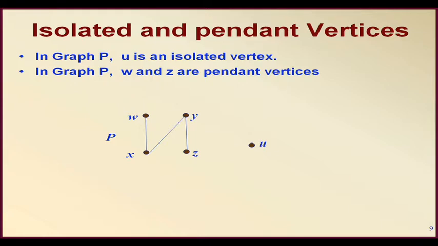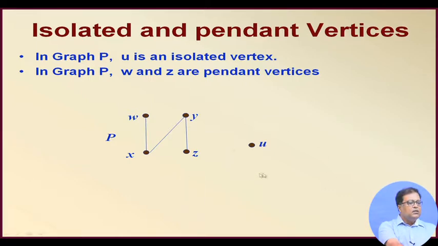Right? Now, let us look at a very important concept, that is the isolated and pendant vertices. If you look at this particular graph, there are 2 graphs, one graph P. In this P has got how many vertices? There are 5 vertices. What are they? U, W, X, Y, Z. Is it all right?